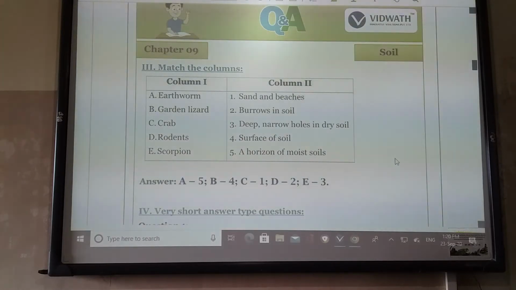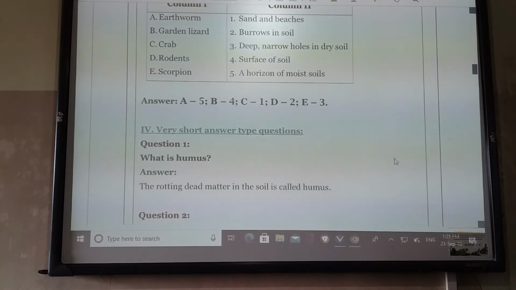The crab lives in the sand and on beaches. The rodent lives in burrows in the soil. The scorpion lives in deep narrow holes in the dry soil. These are the habitations given here for the earthworm, garden lizard, crab, rodents, and scorpion.